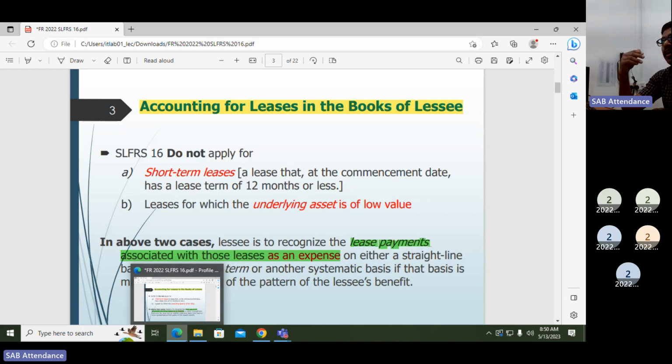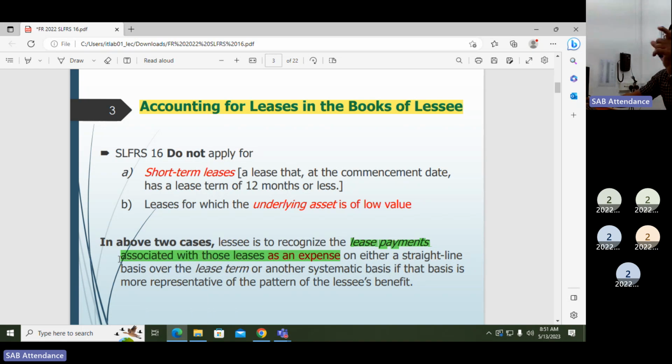You acquire a motor vehicle under a lease agreement, lease period 4 years. In those types of situations, we need to apply SLFRS 16. Except for short-term leases, where the original period from the commencement date is less than 12 months.